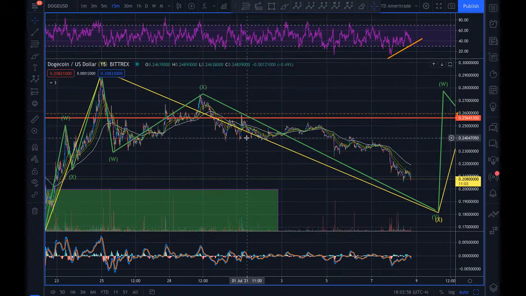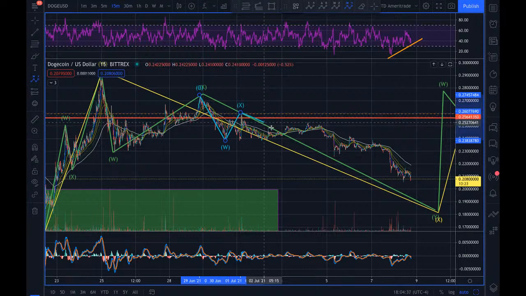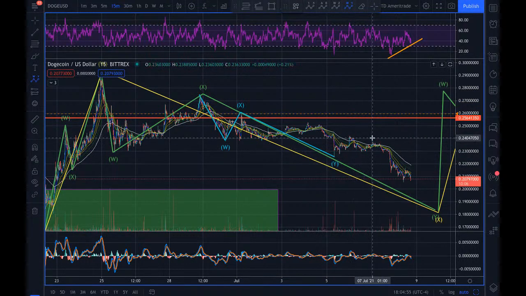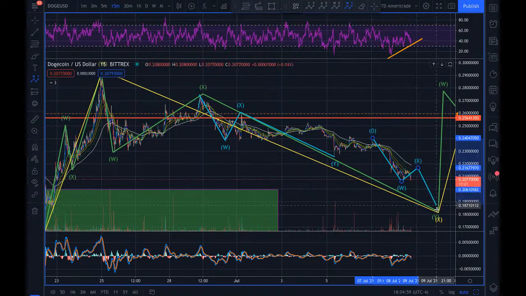Okay, I have an alternate count for those of you that stuck around with me longer. I appreciate you. I see a potential count right here, that this could have been, well, see, I think this wave, if that was one wave and then this was the second wave, now we could have some kind of other wave coming like that.